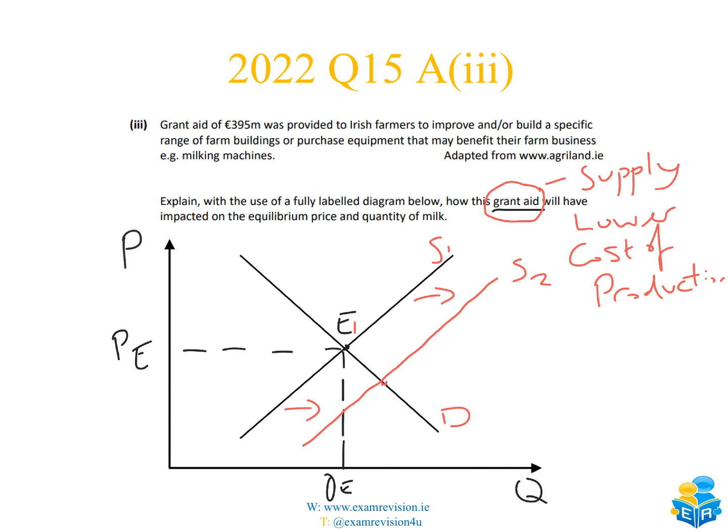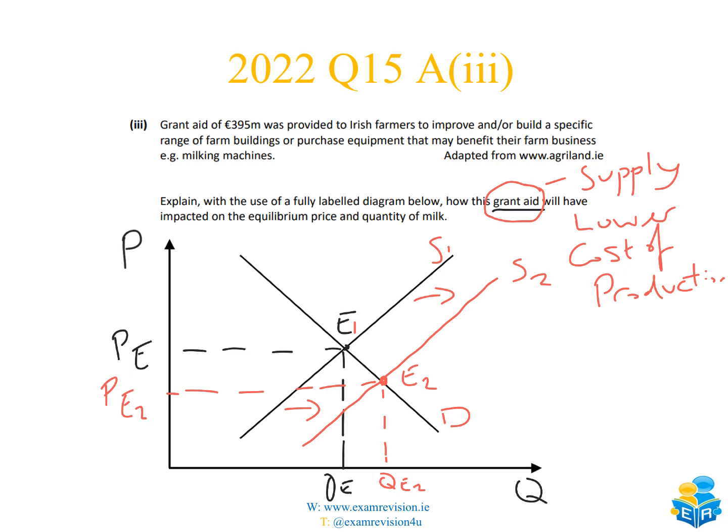That gives us a new equilibrium position here. We're going to call this E2. And down here, straight down, will give us quantity, QE2, and price of PE2. Okay, so that is your fully labelled diagram.